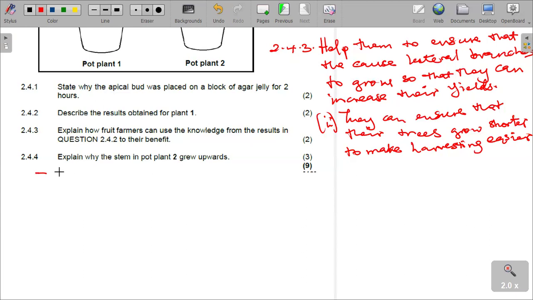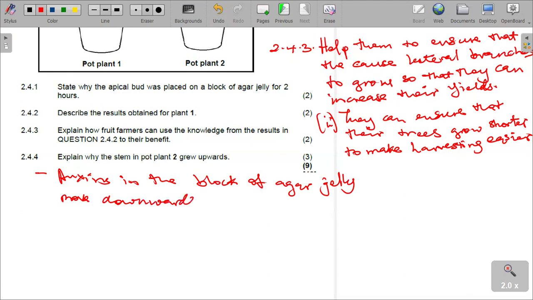We need to understand that auxins in the block of algae jelly will move downwards into the stem, causing cell elongation or growth, resulting in upward growth of the stem.